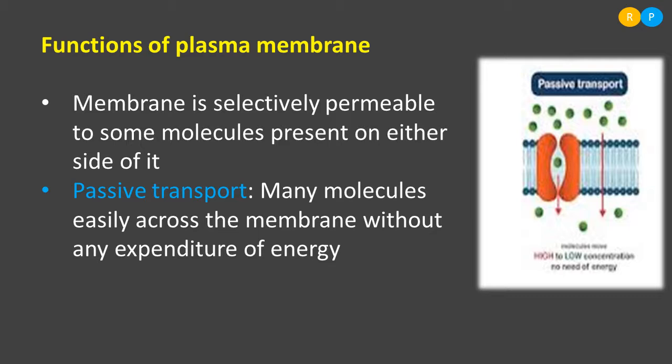So passive transport takes place through the lipid bilayer, or sometimes also through the protein channel. In passive transport, one thing we need to remember is that the movement of molecules always takes place from higher concentration region to lower concentration region.